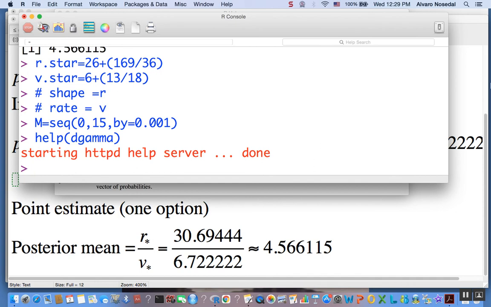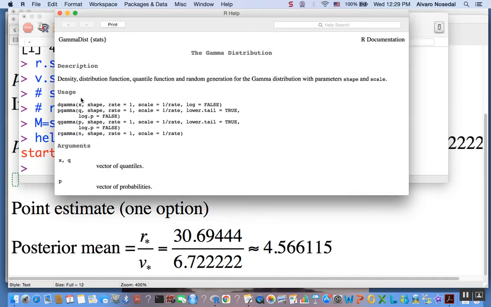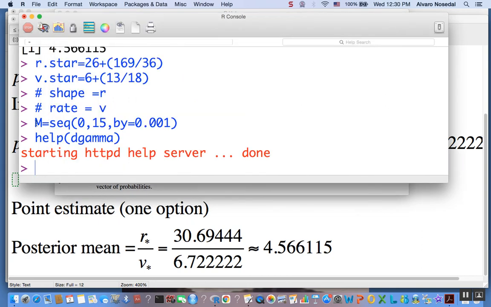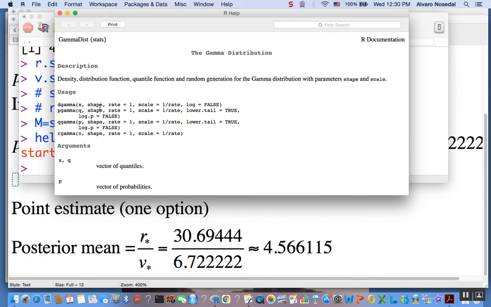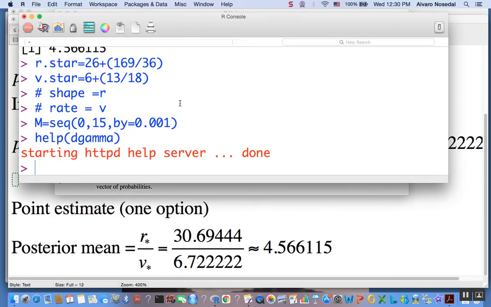So we're going to be using that function. All we need are these points where we're going to evaluate the gamma probability density function, and those two parameters, shape and rate in our case.